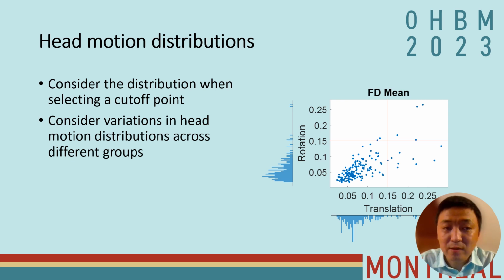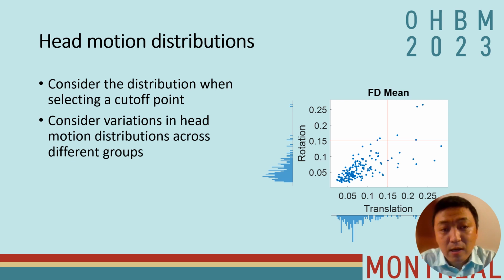Therefore, I feel that it is very helpful to plot the distributions of head motion parameters across different subjects, so that we can verify whether this removal is actually justified, or if it removes half of the subjects, and that may not be an appropriate threshold to be used.